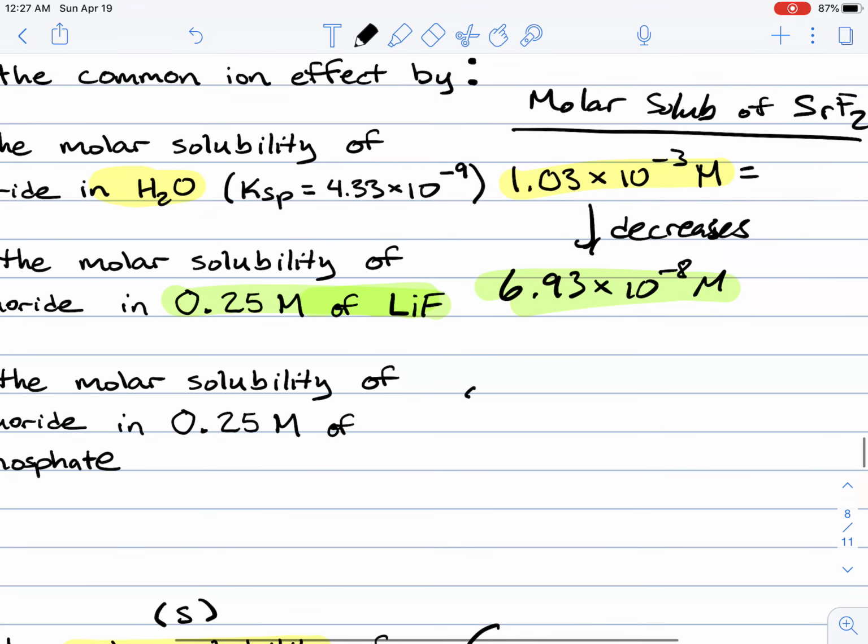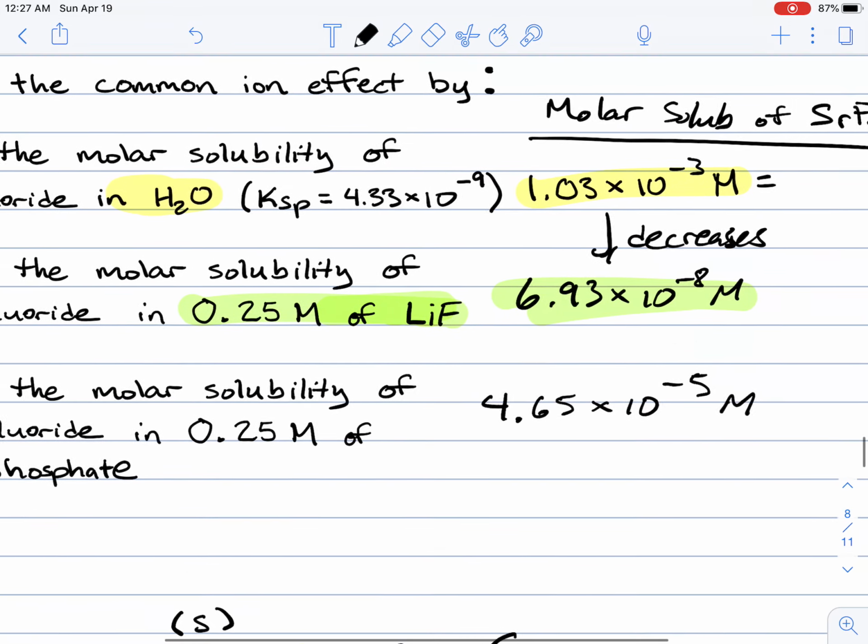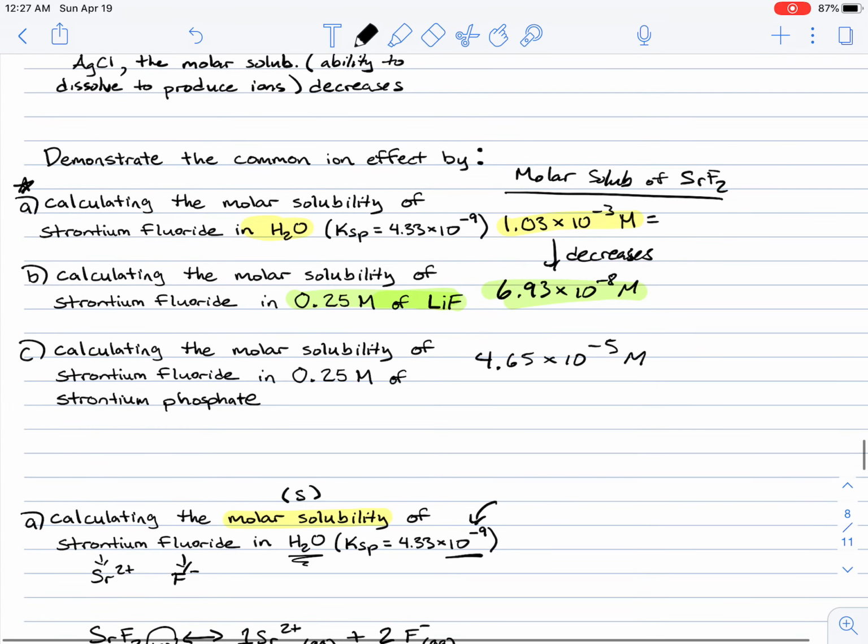So this is going to be 4.65 times 10 to the negative 5 molar. Let's not do strontium phosphate. The reason why I crossed out strontium phosphate is because phosphates are typically insoluble. And so let me change that to Sr2X3. And I'm going to say that this is aqueous to begin with.